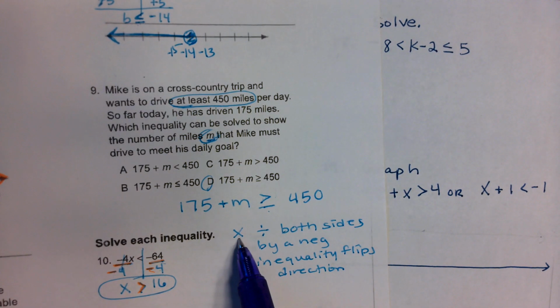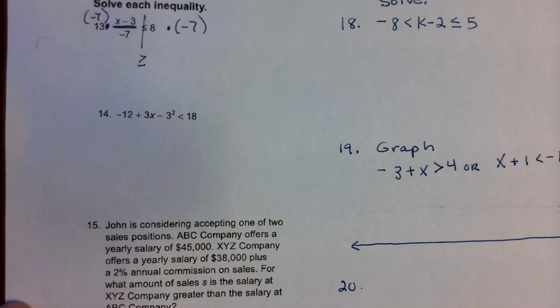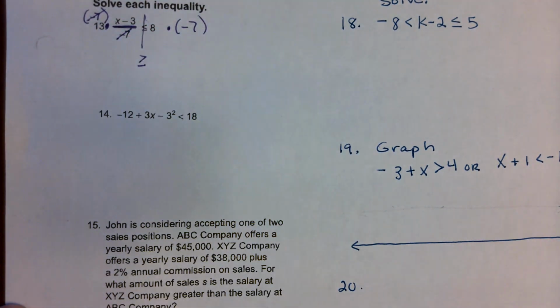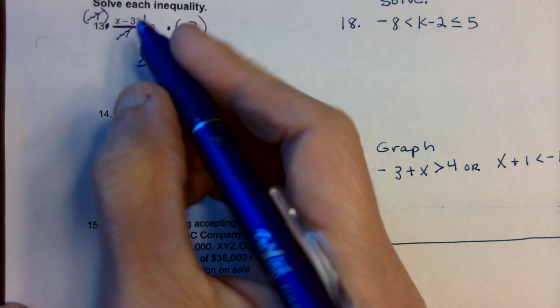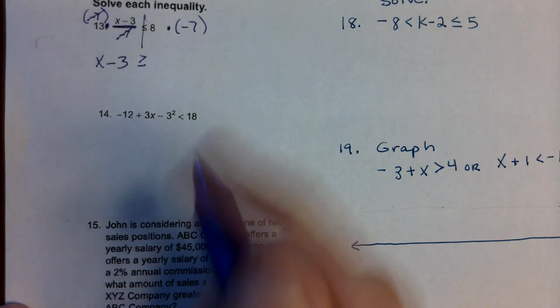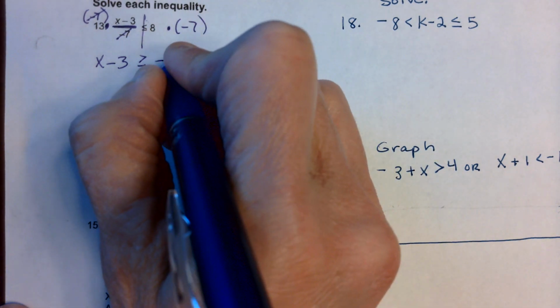We just multiplied both sides by a negative, so the inequality flips. So I'm going to do that before I forget. Now, the nice thing is we have this -7 divided by a -7 is 1, so that cancels. And I'm left with just the x minus 3 now. I've kind of freed it out of that fraction there. 8 times a -7 is a -56.